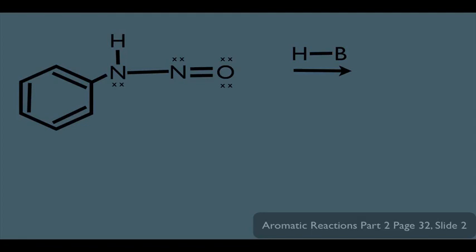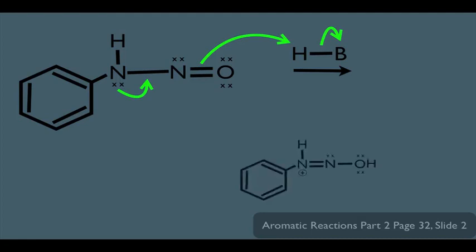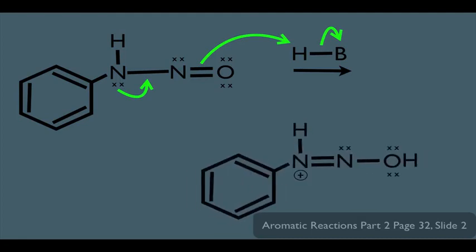The electrons on one of the nitrogens here fall down between these two nitrogens, and the pi electrons in the NO bond go out and grab this hydrogen right here, causing the electrons between H and B to jump up on the B. What we end up with is something that looks like this. And since our HB donated a proton to the molecule, here's how it exists right now, as B-.